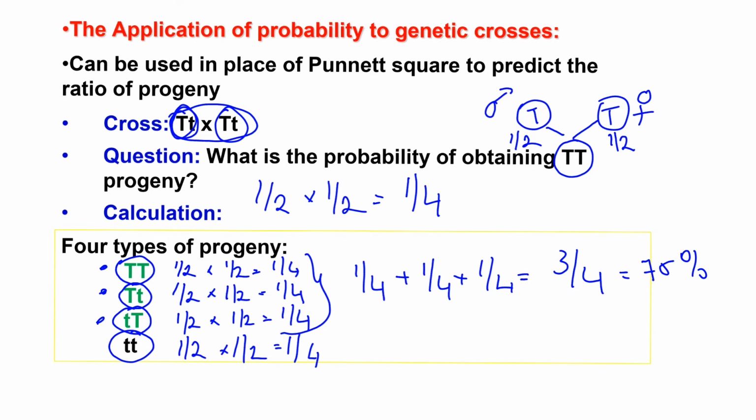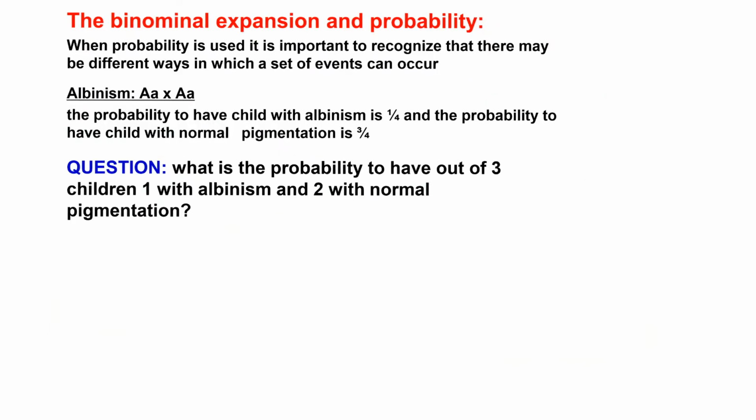So up to now we were just discussing prediction, or how to predict outcome of very simple crosses. However, sometimes you will face a problem with much more complex questions, such as this one. Question here is, if you have two parents which are heterozygous, what is the probability to have out of 3 children, 1 with albinism and 2 with normal pigmentation?